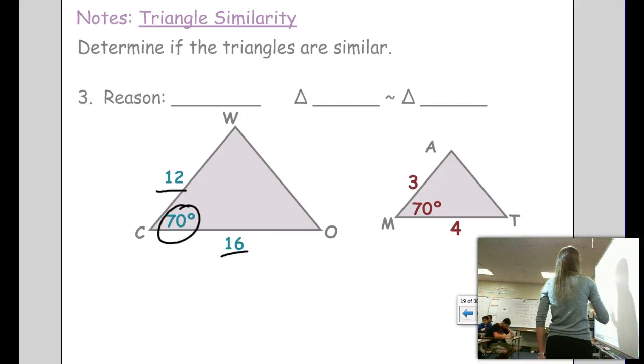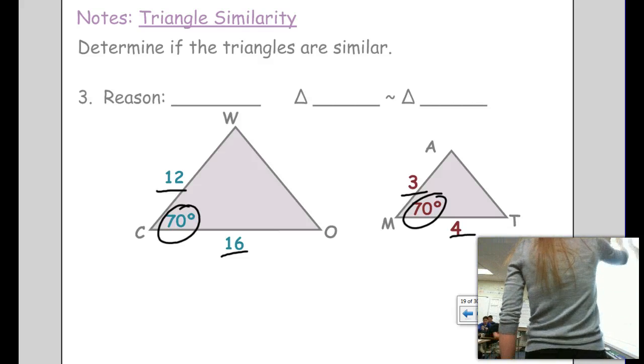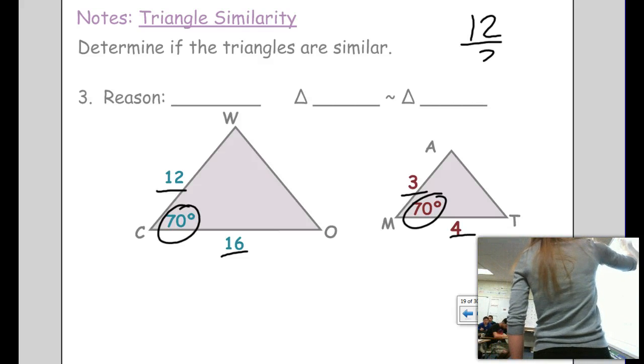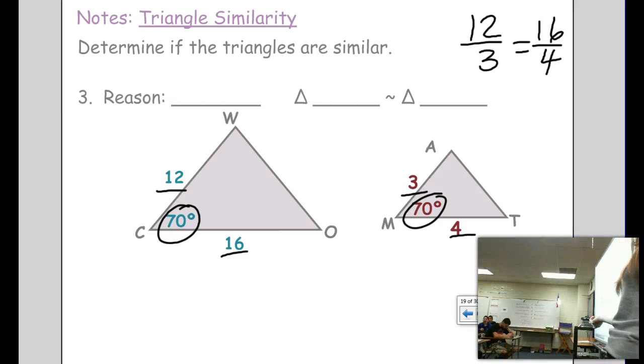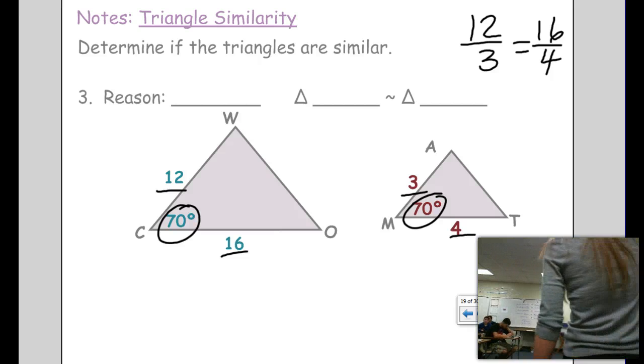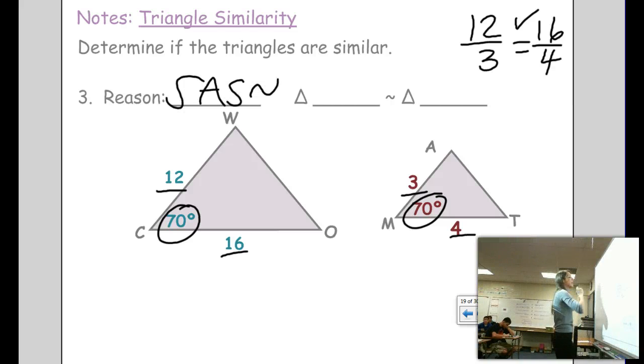Side, angle, side. Side, angle, side. But you have to cover your bases. Does 12 go with 3 as 16 goes with 4? What's 12 divided by 3? 4. What's 16 divided by 4? 4. This is a true statement. So I can say they're guilty by side, angle, side, squiggly.